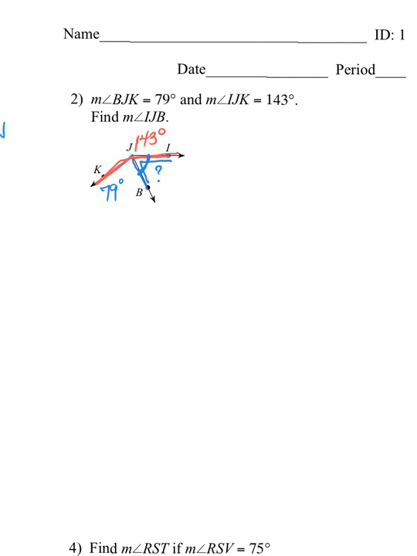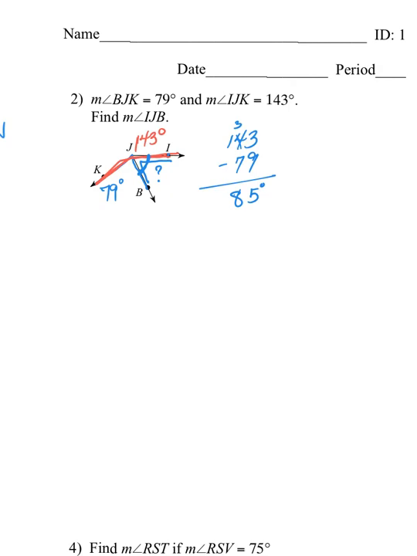So anytime we're given the total, in this case the whole angle, the larger angle, IJK, to find the measure of the smaller angle, we're going to have to subtract 143 minus 79. And 13 minus 9 is 5, and 13 minus 7, I believe, is 8. So that should be 85 degrees.